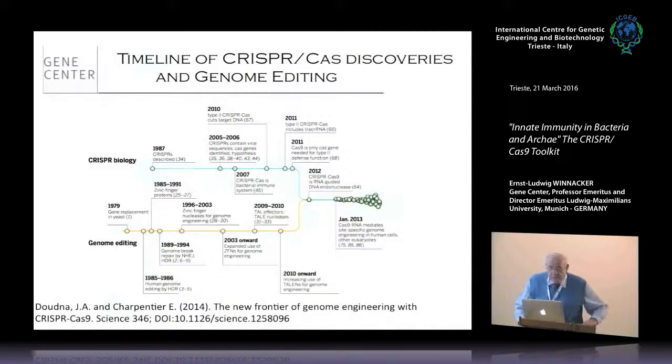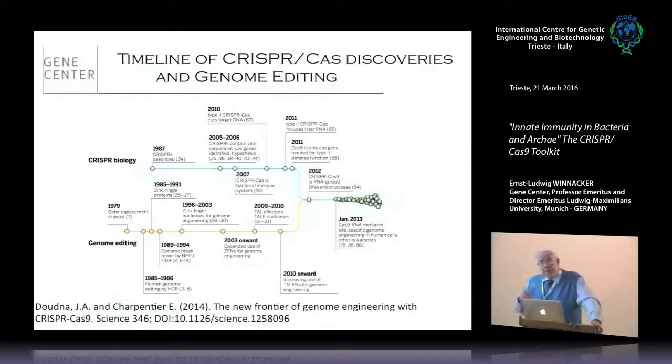If you look here on this table, you can see that the CRISPR system itself was discovered in '87, and then it was discovered that it contains a sequence of relevant genes for bacterial immunity.